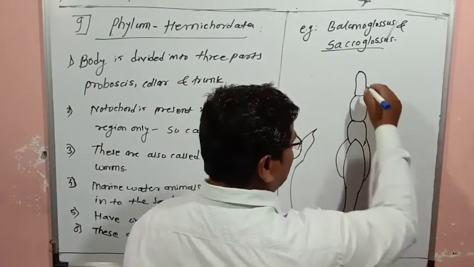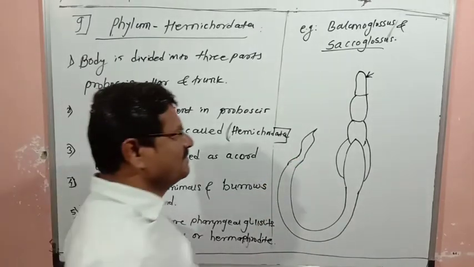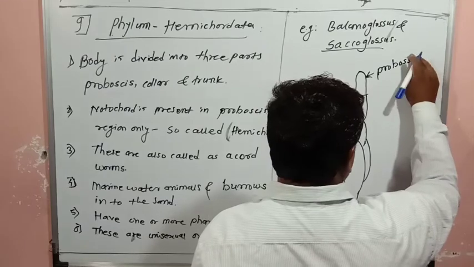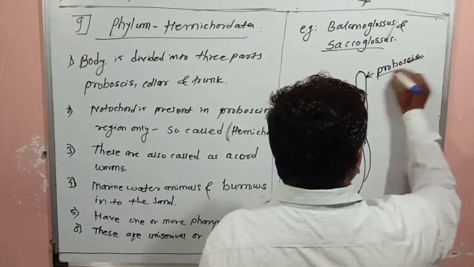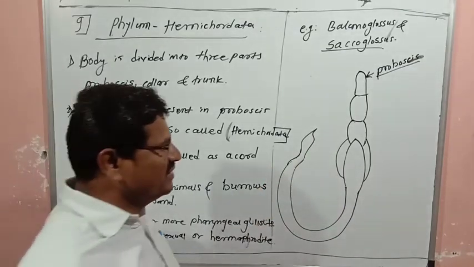The upper part you can call the proboscis. The second thing is the collar region.